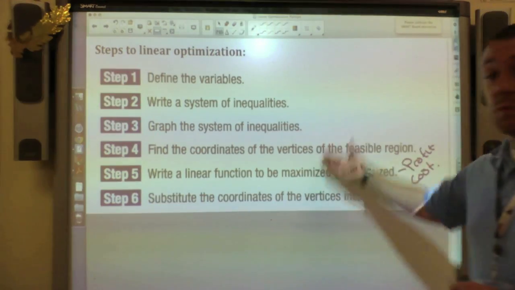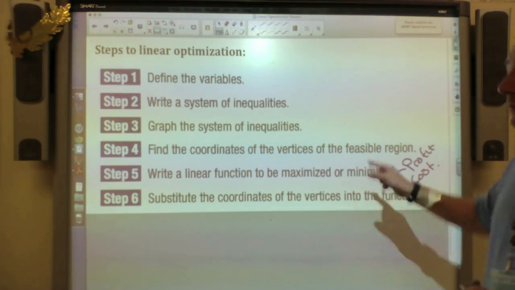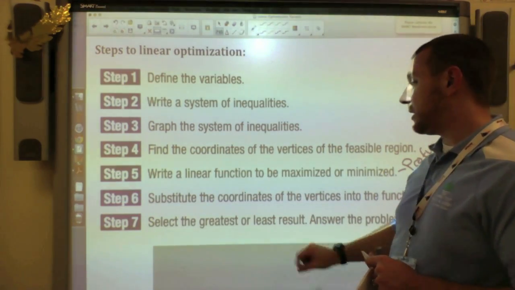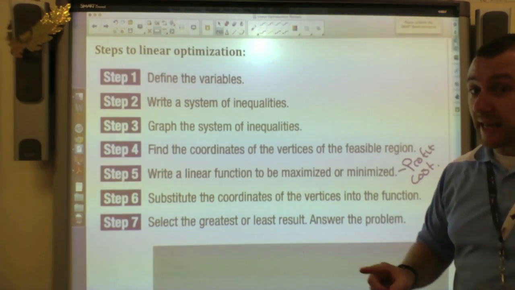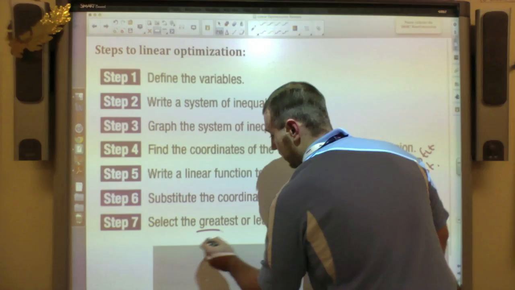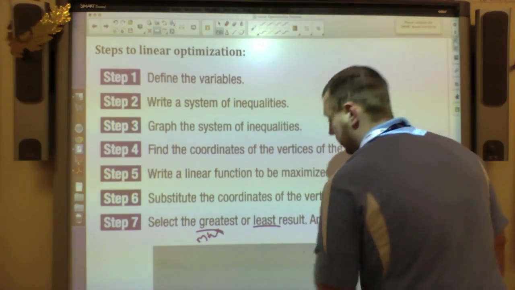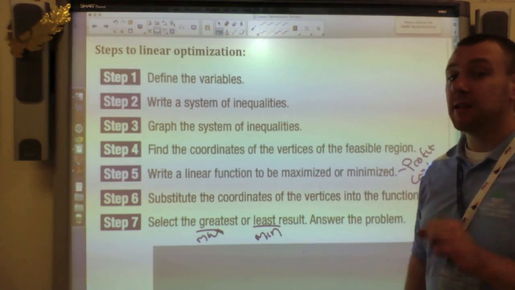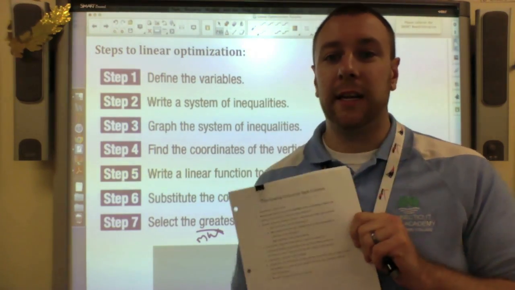Step 6, again back to Tier 1, we take these vertices from Step 4 and plug them back into that equation. Step 7 is to select the greatest or the least result. If it says to maximize, we choose the greatest. We want the max. If it asks you to minimize, we choose the least. You have to make sure that you're answering the question. And that is part of our 8 steps.